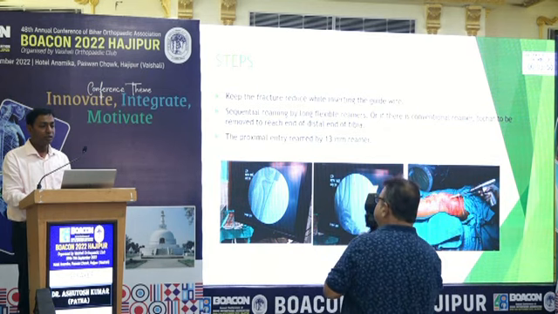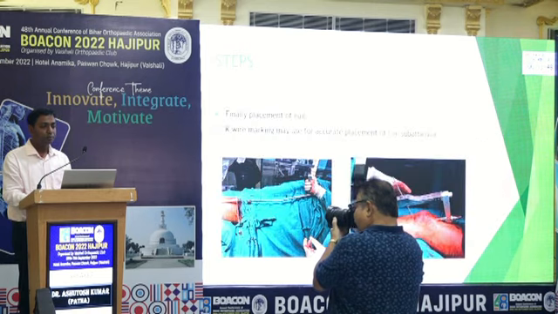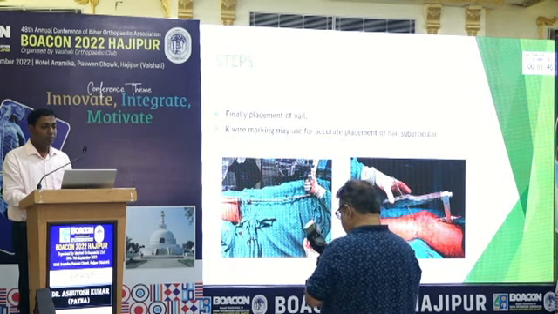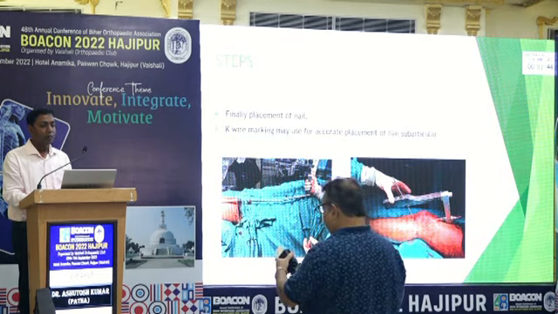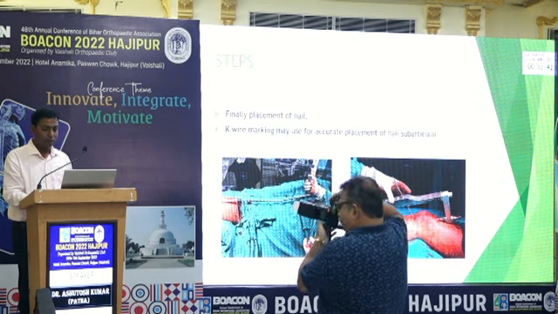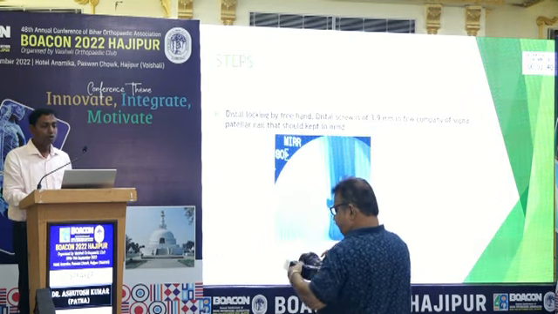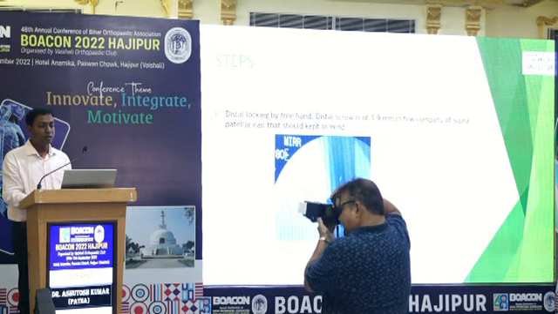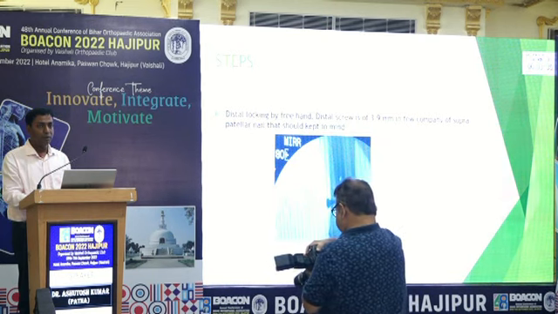Then proximal reaming is done with the 30 mm reamer. Finally, there is placement of the nail, and a K-wire is used for accurate placement of the nail in the subarticular area. Distal locking is by the free hand technique. Distal locking is 3.9 for suprapatellar nailing, that should be kept in mind.